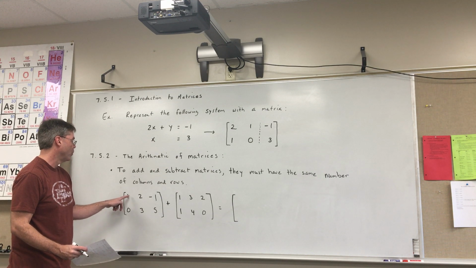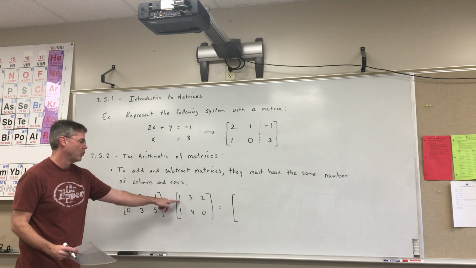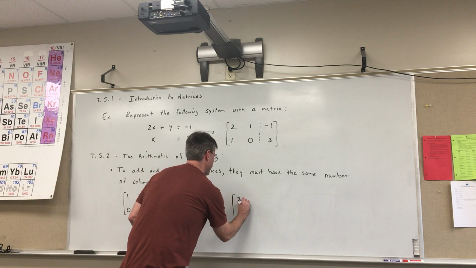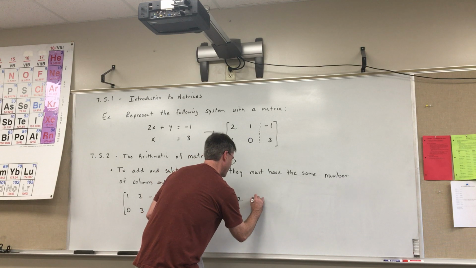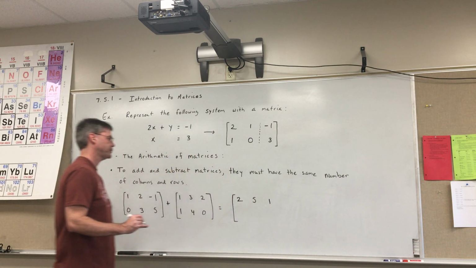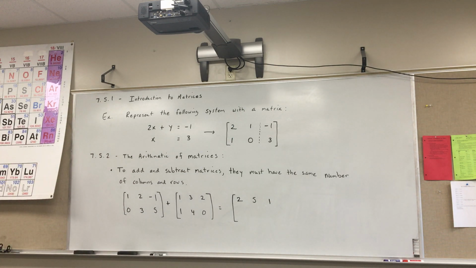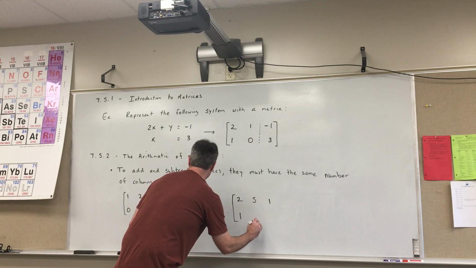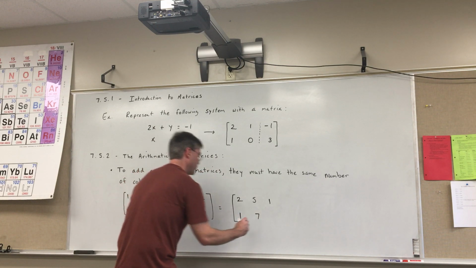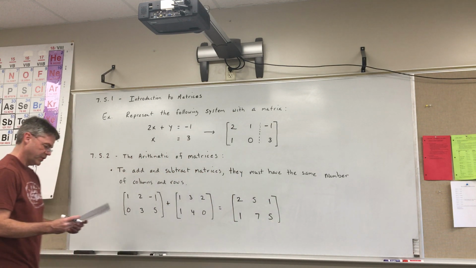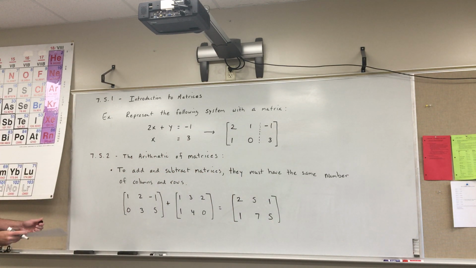Row 1, column 1 here is 1, and row 1, column 1 here is 1. 1 plus 1 is 2. 2 plus 3 is 5. -1 plus 2 is 1. And then the same for the second row: 0 plus 1 is 1, 3 plus 4 is 7, 5 plus 0 is 5. That would be the solution matrix for the addition of those two matrices.